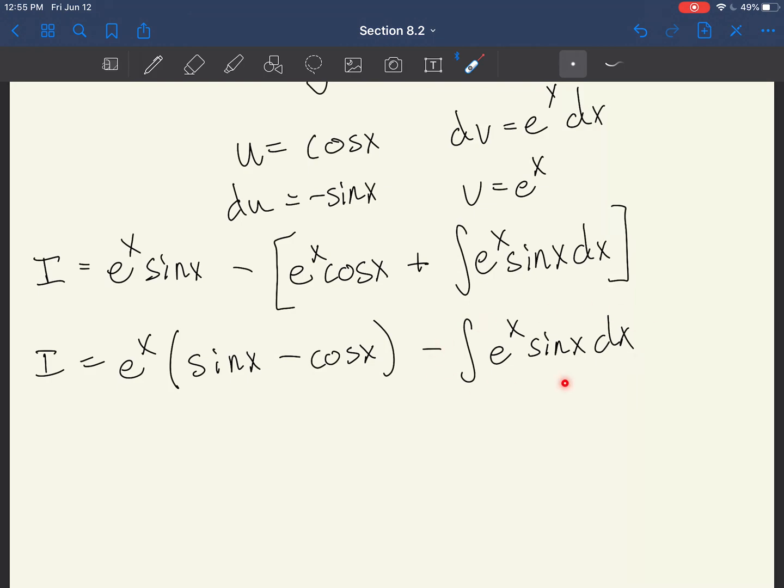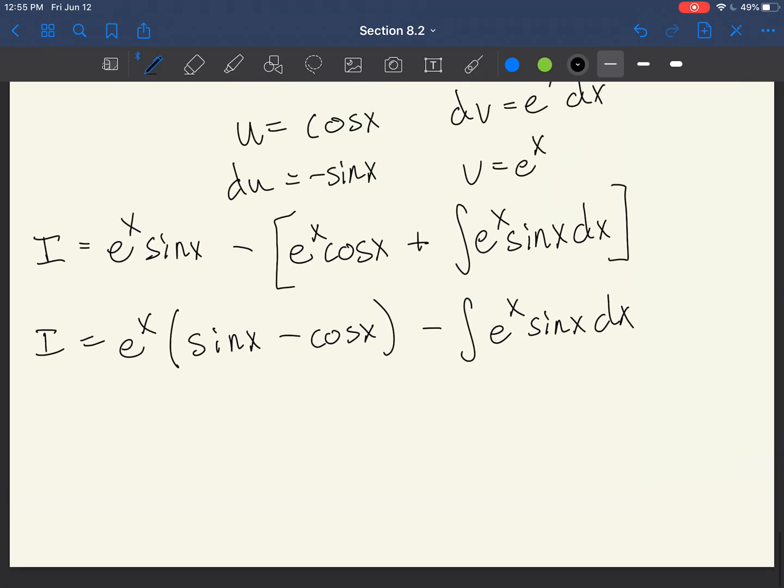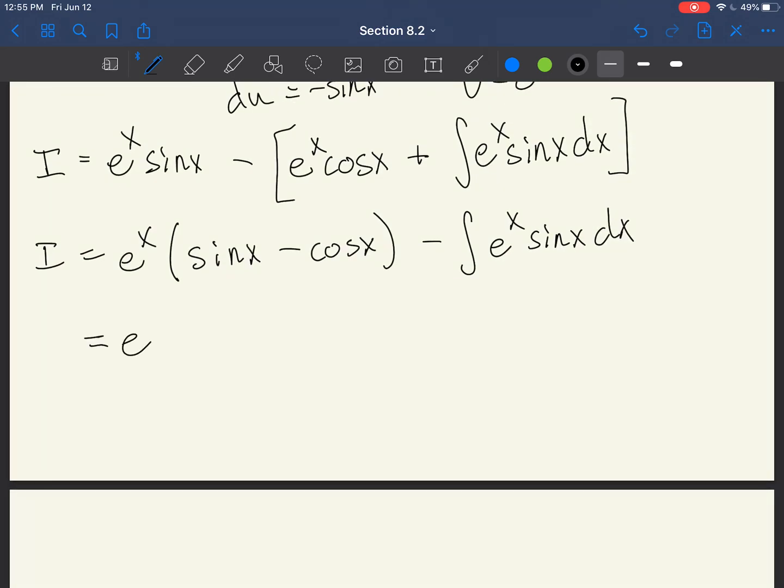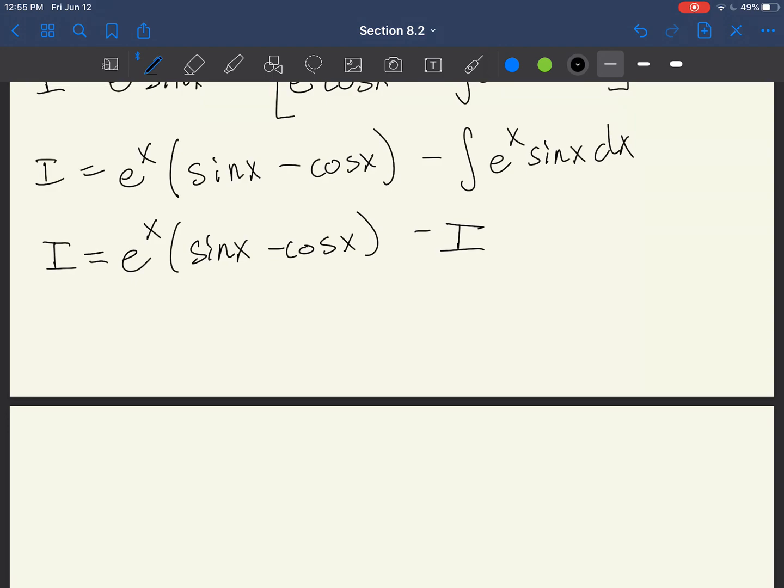Okay, what now? Well, we're back where we started. We have this integral again. Well, that's actually really good. So we can write this as e to the x times sine x minus cosine x minus I, the integral that we want.